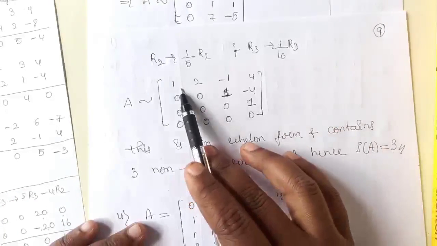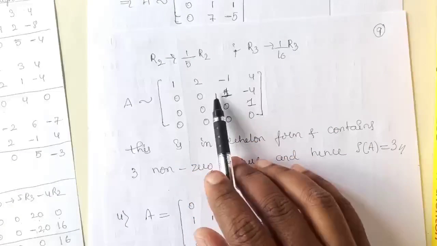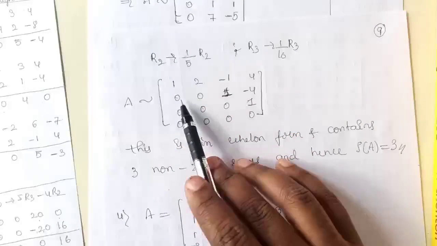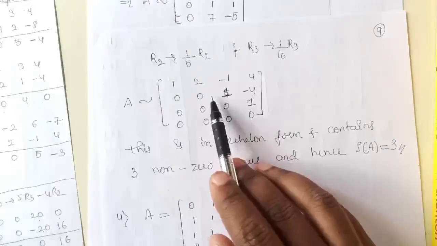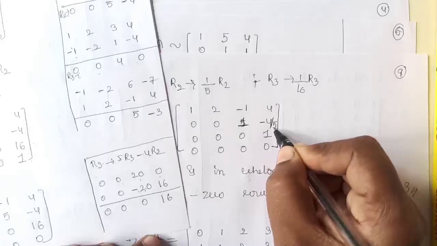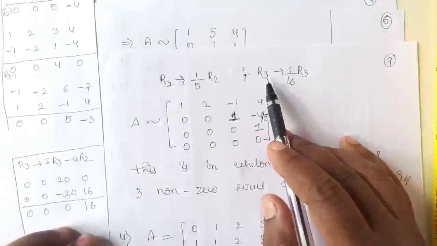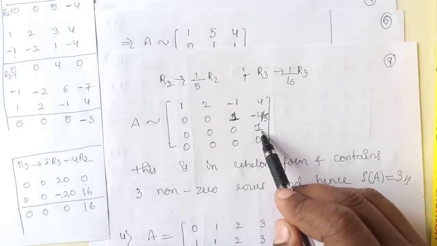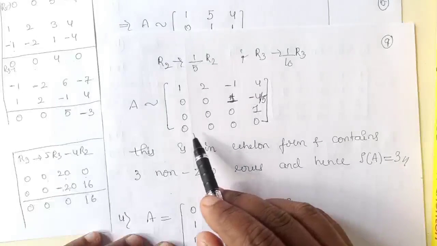By applying the elementary operation, the first row stays the same. The second row becomes 0, 0, 1, and because here we have minus 4, we get minus 4 by 5. R3 becomes 0, 0, 16 by 16 equals 1. Next, the last entries are 0, 0, 0.